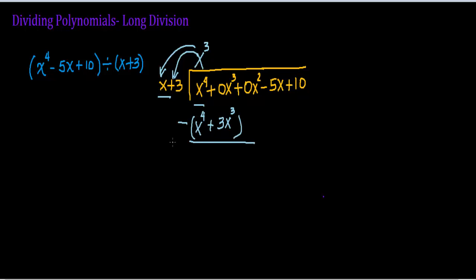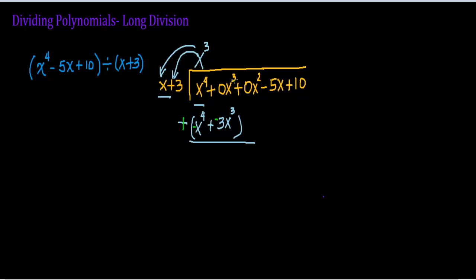Remember this minus. We're going to change that to a plus, and we change inside the parentheses all the signs. So this was positive, now it's negative. This was positive, now it's negative. And let's subtract: x to the 4th power plus negative x to the 4th power, that's 0.